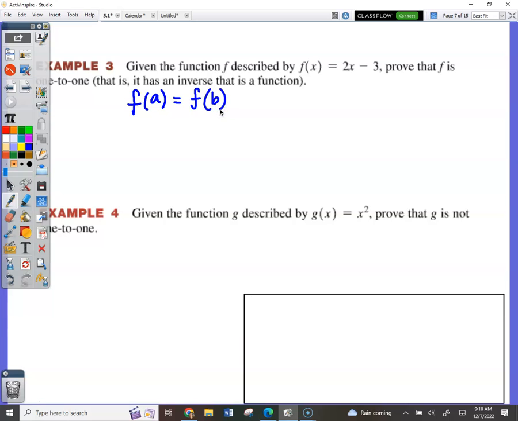Which means plug a in, plug b in to that, right? So if I plug a in, what do I get? 2a minus 3. Plug b in. 2b minus 3.